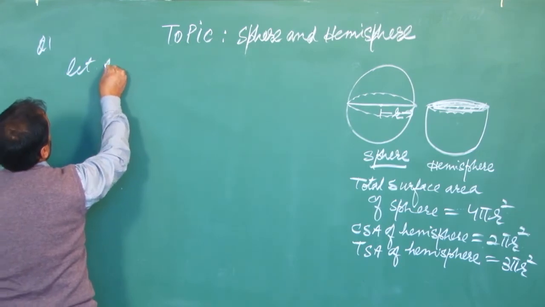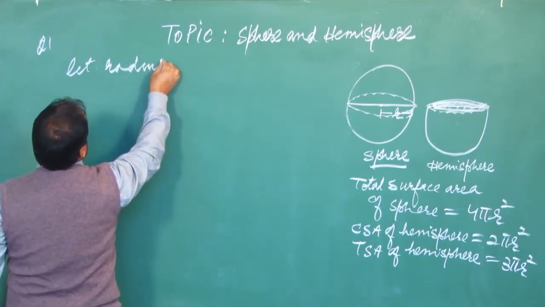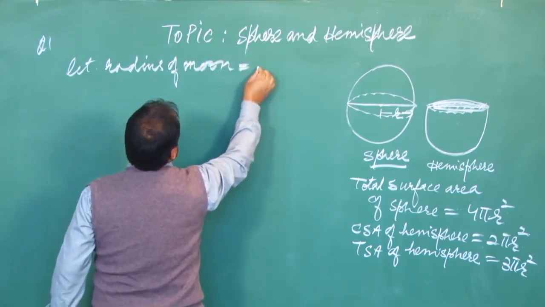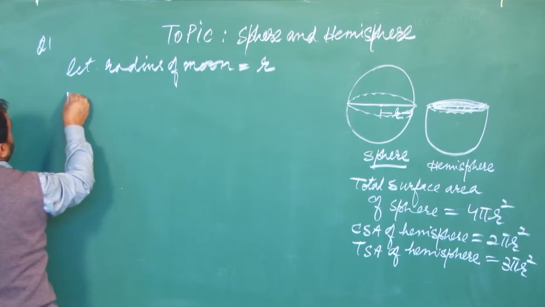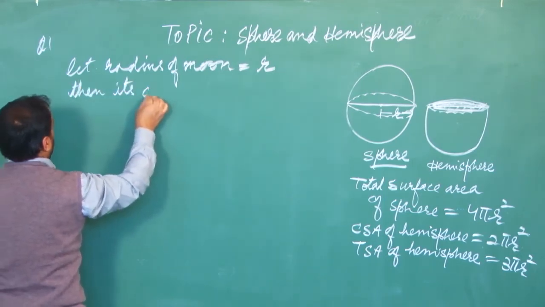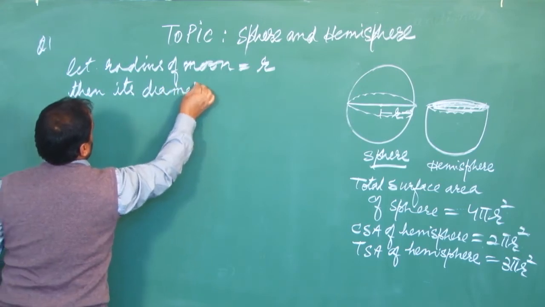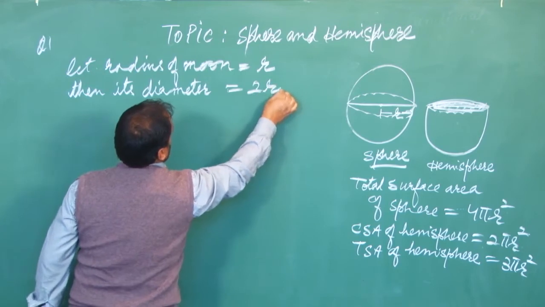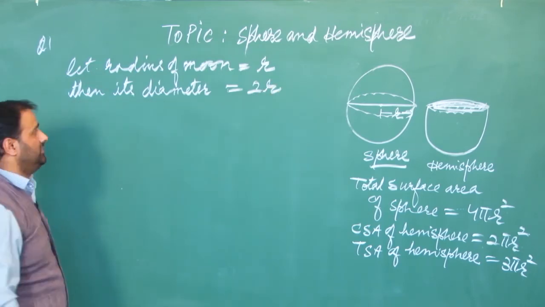Now, let us take radius of moon equal to small r. Then its diameter is 2r, because diameter is twice the radius.